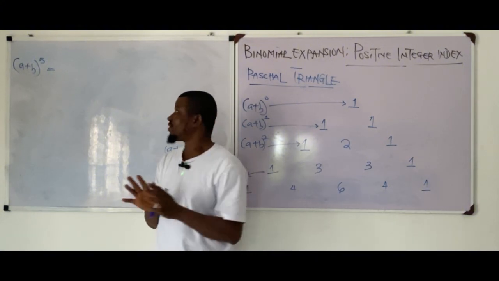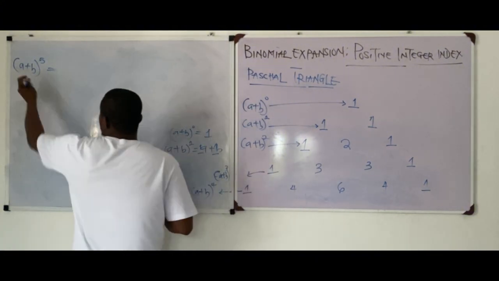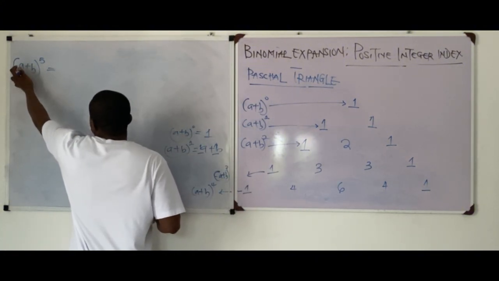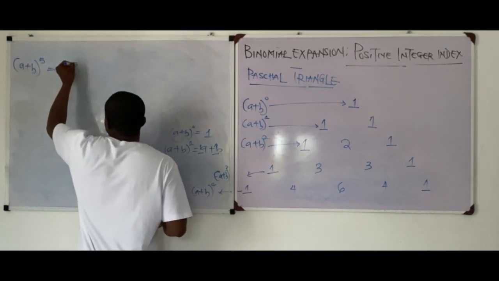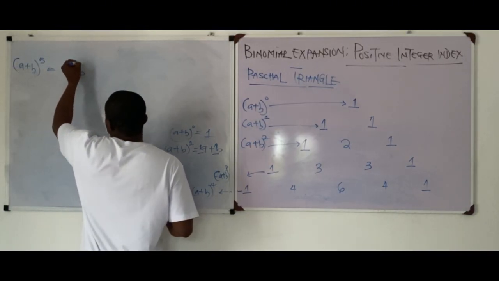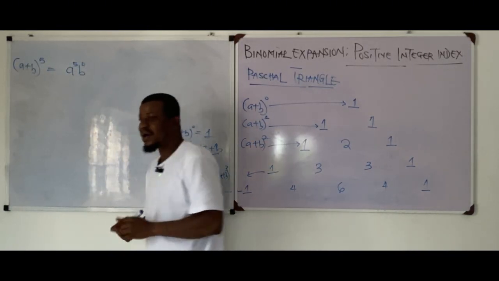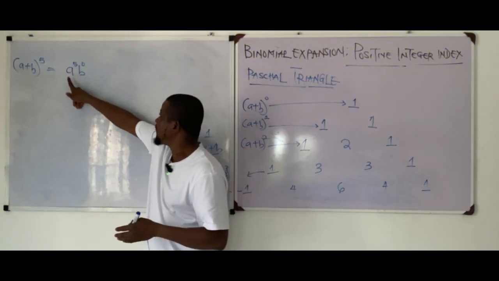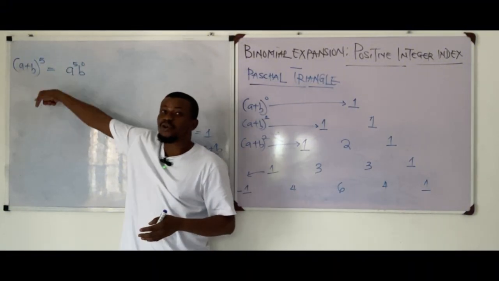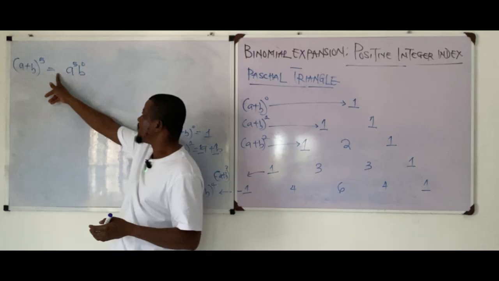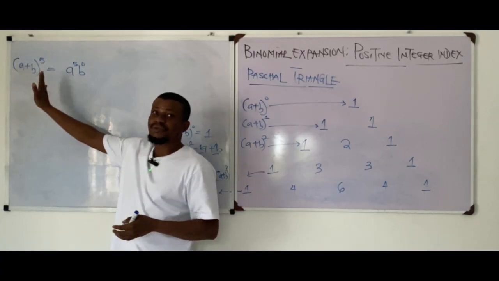What I just need to focus on is that a will be raised to power 5, b will be raised to power 0, following the normal alternating pattern of a and b without the combination anymore. Normally, I'm supposed to say 5 combination 0, but I'm leaving out the combination.